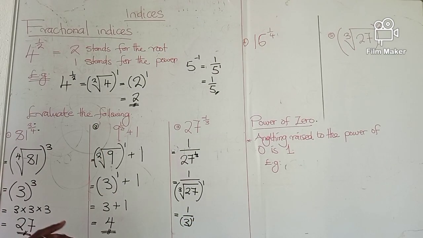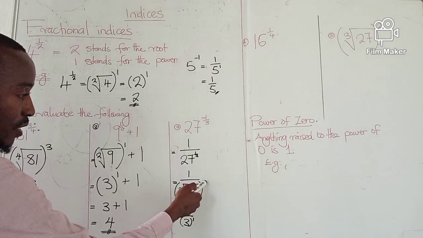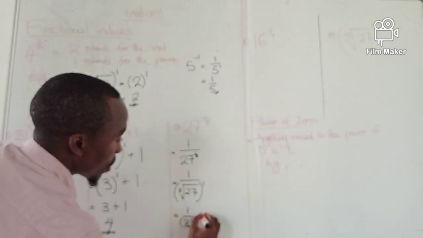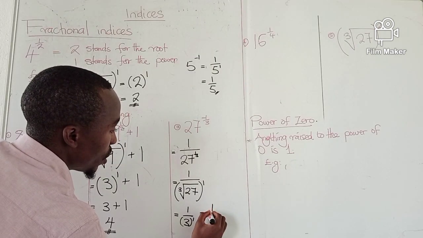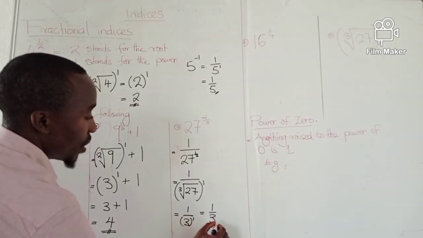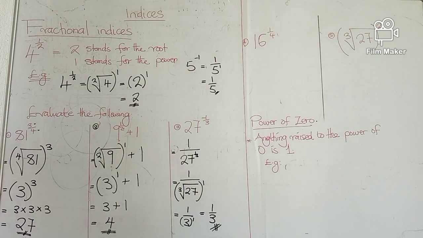Are you seeing this? This 3 is the cube root of 27. This 1 is the power, and the other 1 is here. So this is the same as 3 to the power of 1, which is just 3. So that is your answer there. Hope you are following.